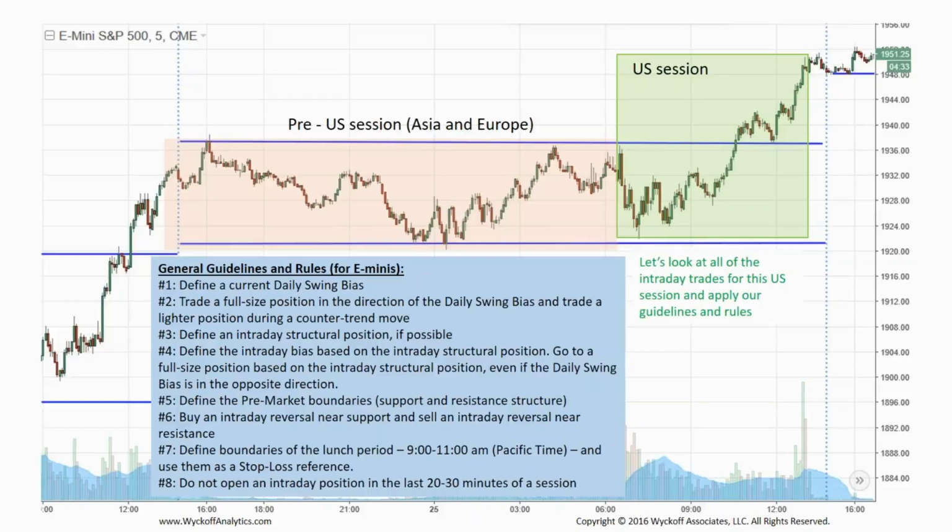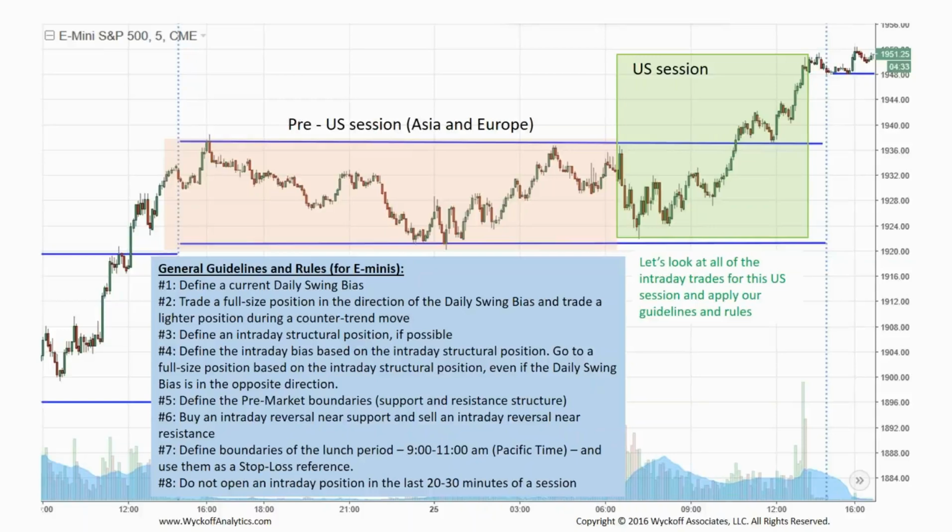Now with E-minis, because this is a 24-hour market and it only closes for part of the weekend, we are going to have really good data points, and it's not going to have the pre-market activity with the low volatility that we've had for stocks.